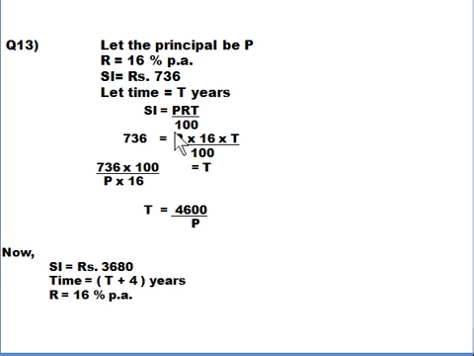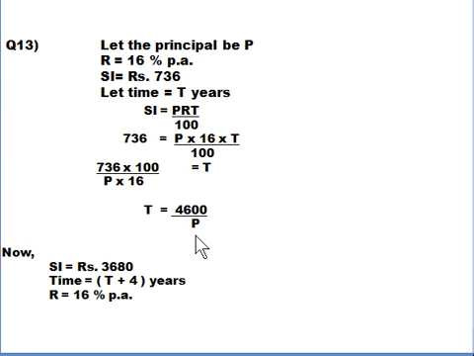So applying the formula of simple interest, which is equal to PRT by 100, we are going to get an equation in terms of P for the value of T. So I'm going to keep T on one side and the rest of the things will be taken to the other side. So value of T comes equal to 4600 upon P. I hope this is clear till this step.